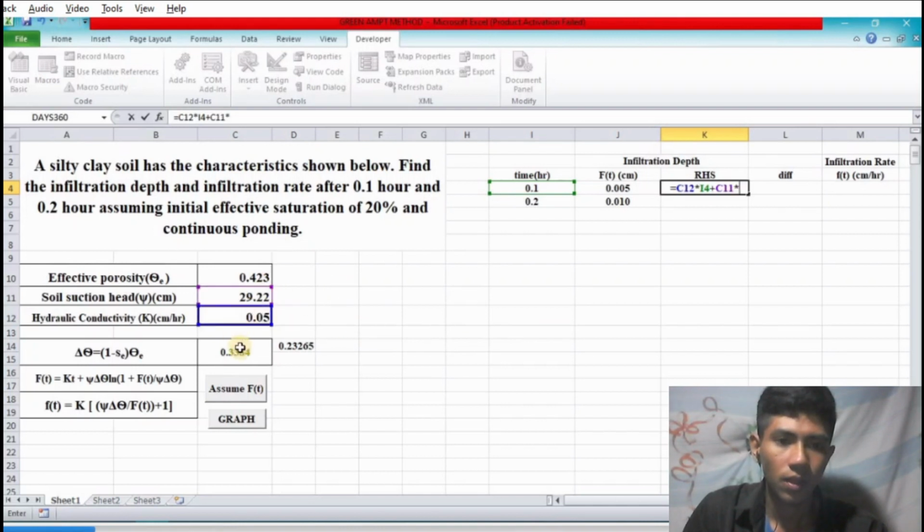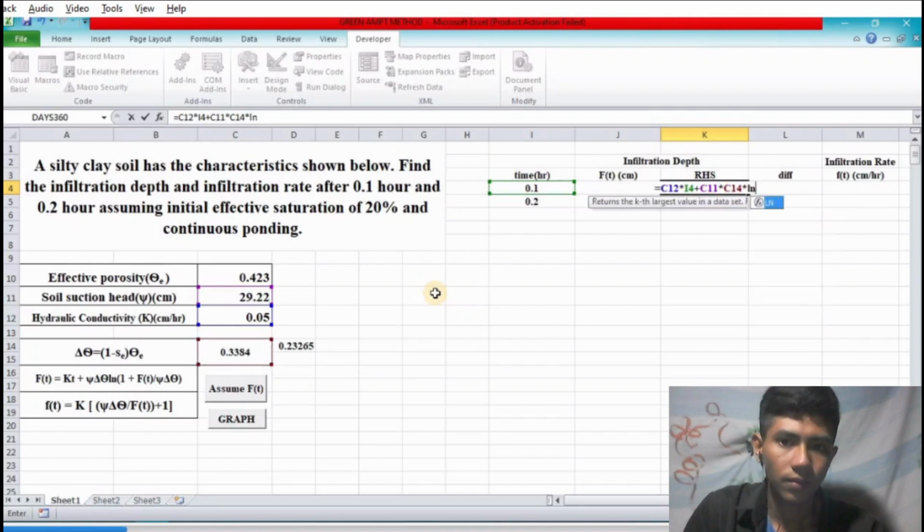Times the delta theta, times ln, parenthesis, and then 1 plus the guessed value.